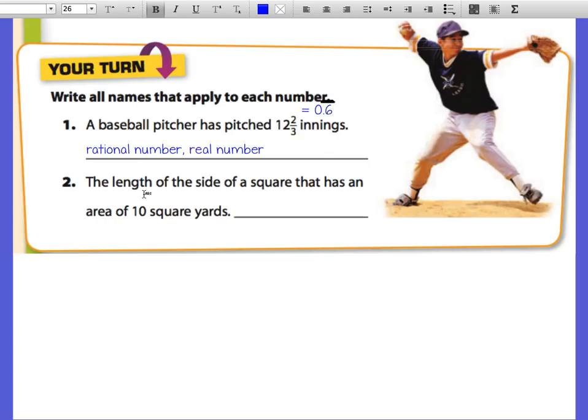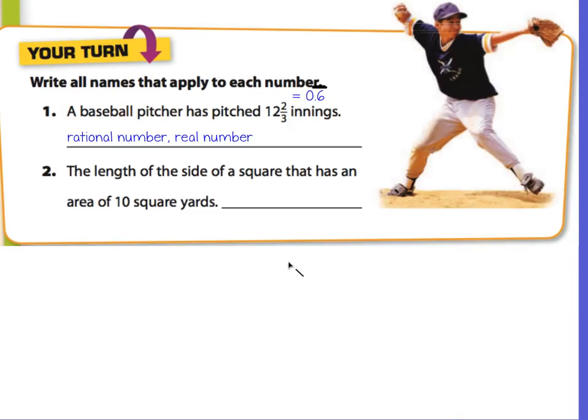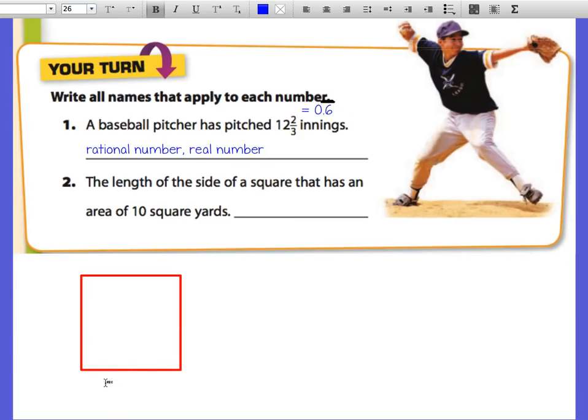Here, the length of a side of a square that has an area of 10 square yards. So what they're saying is they want to know if the length is whole, integer, rational, irrational, etc. Well, I know when I do a square, it's side times side equals area.